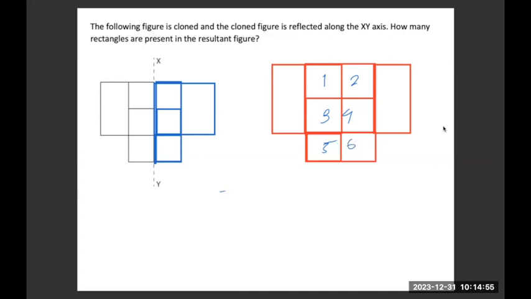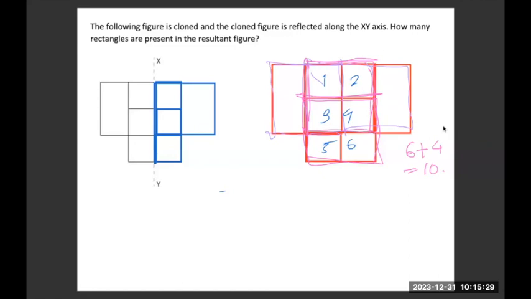Then there will be bigger squares of this: 1, 2, 3. 3 is this. And then this is 4. Okay, so 6 plus 4 is equal to 10. 10 squares.